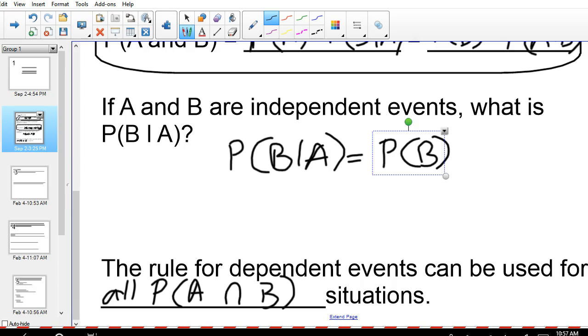So you could possibly see that somewhere on the exam or something. So if you see that upside down U, that means and. Just for your own knowledge there, if it's a U, that means or. Just a regular U. It's the union, which means or. Upside down U is and, which looks a little like an A.